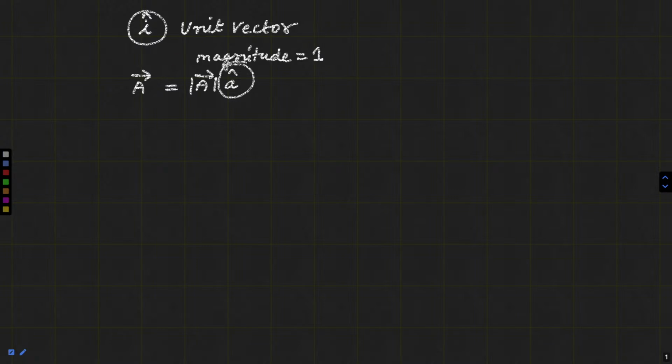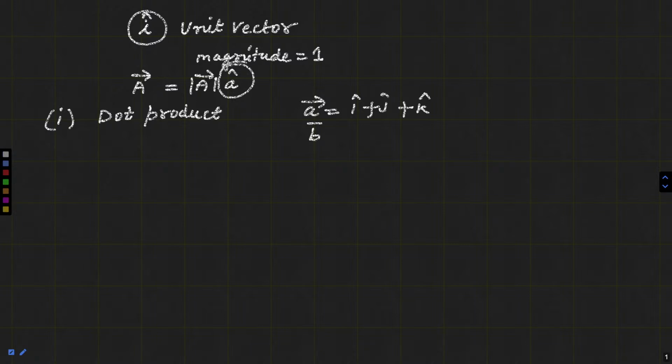Okay. So first is the dot product. Suppose we have two vectors, a vector is equal to i cap plus j cap plus k cap, and b vector is equal to 2i cap plus 2j cap plus 3k cap. Then the dot product a dot b is what?